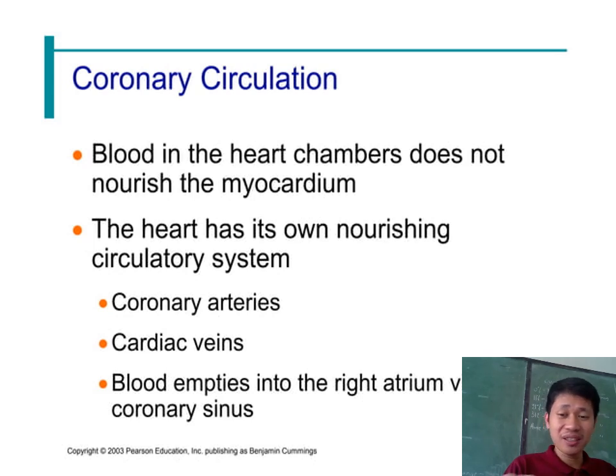Since it is constantly beating, it is constantly in need of energy, oxygen, and also electrolytes. So where does the heart get its nutrients? The answer is that the heart has its own nourishing circulatory system involving the coronary arteries and the cardiac veins, just like in this diagram.